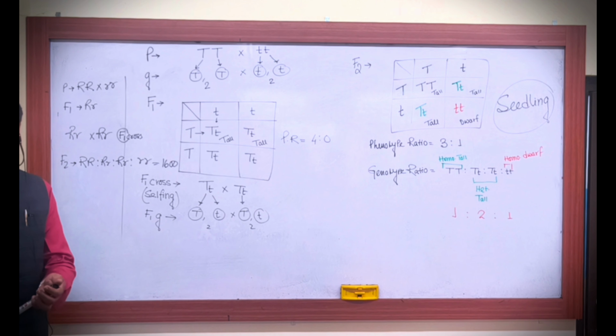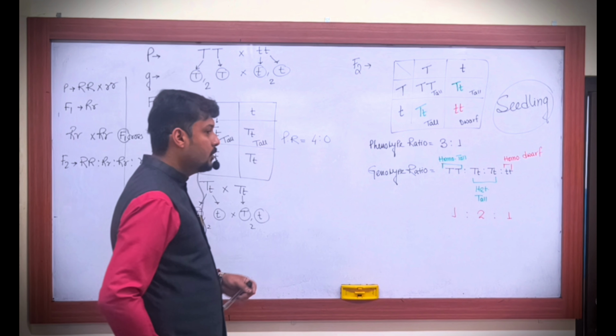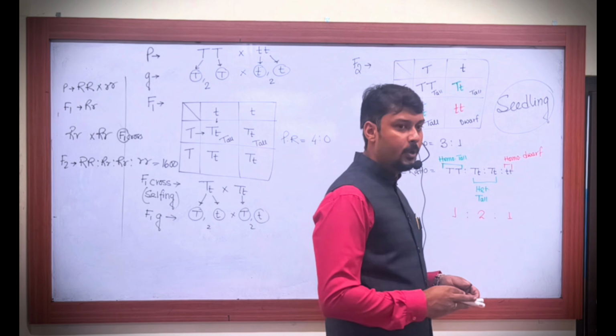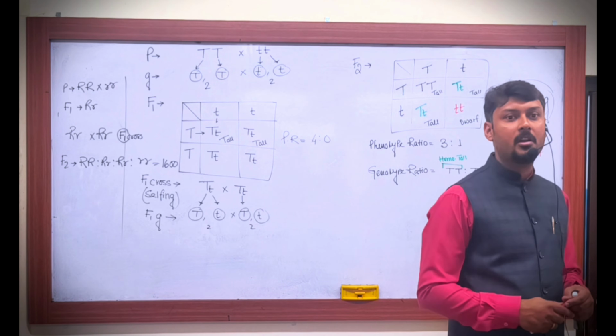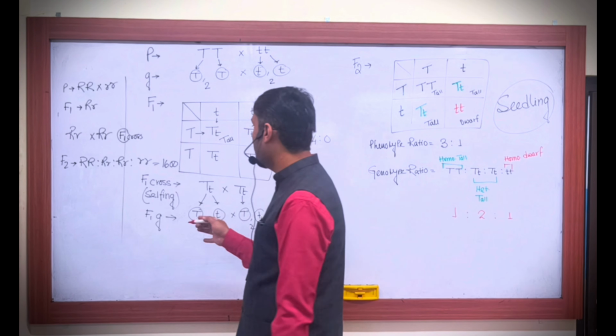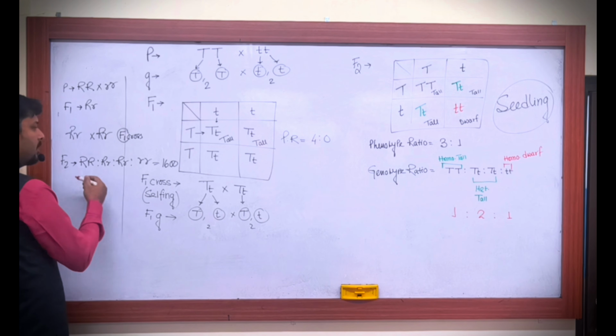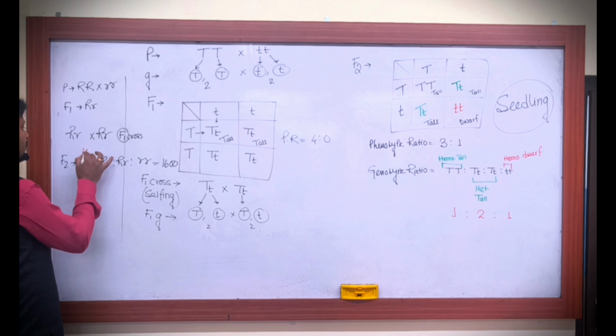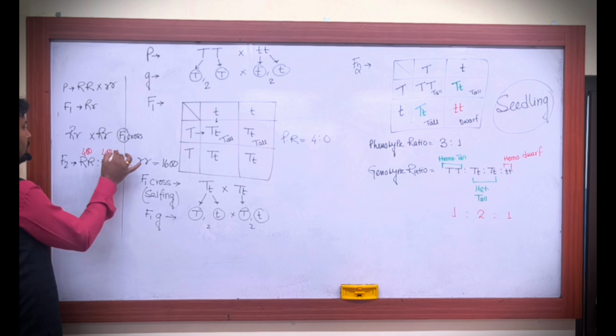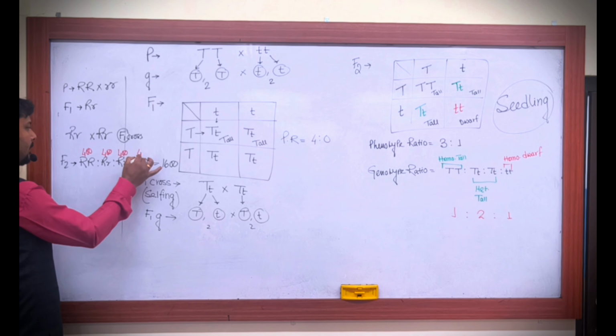Those who do not understand, just check. It is equal to 1600 because a total of 1600 seedlings are produced. So how many babies? 4. So every baby has a probability of how much? 400, because 4 fours are 16.